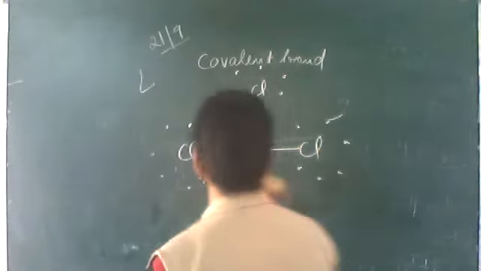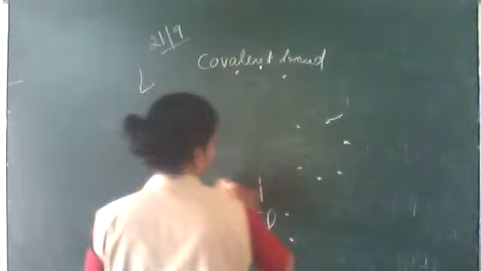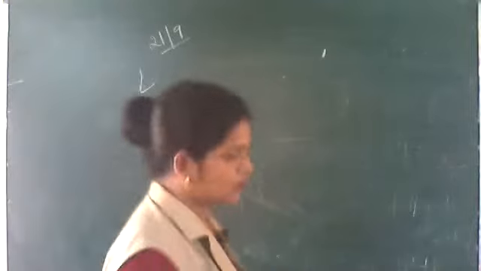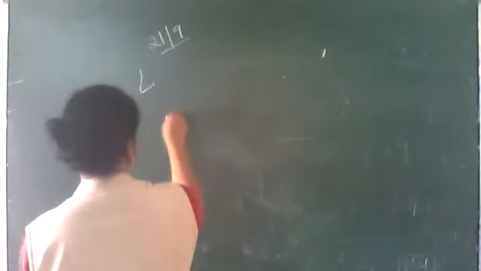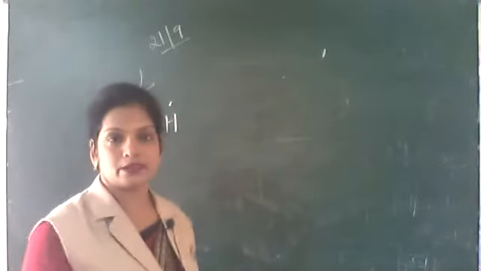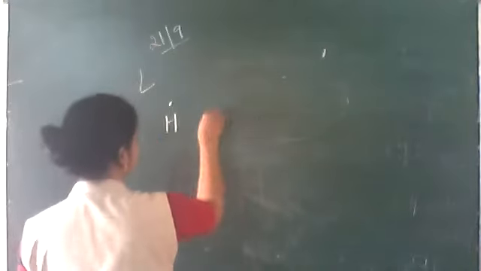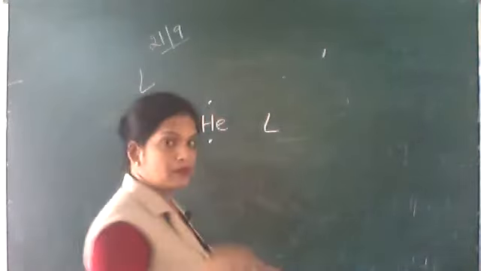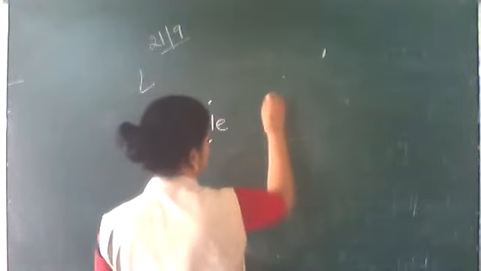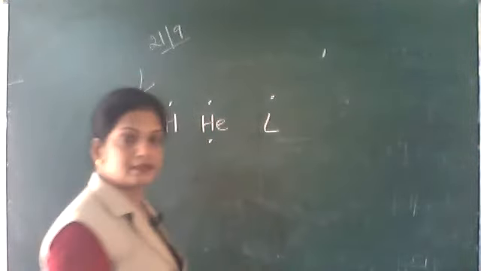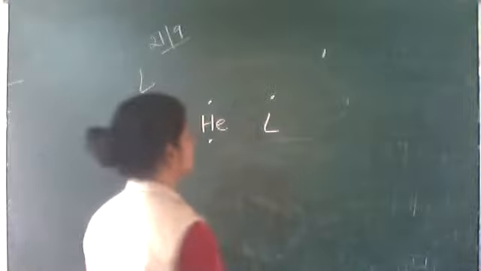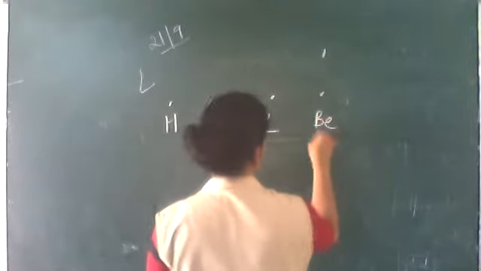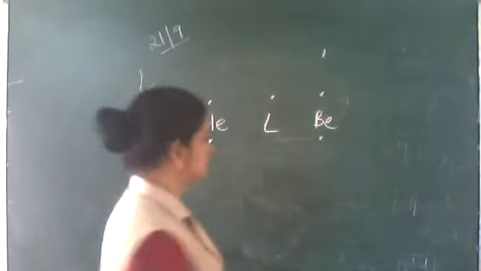Let's see the Lewis dot structure for the atoms. For hydrogen, we show 1, the last shell has 1 electron. Helium, 2. Lithium, last shell, only 1 electron. Beryllium, last shell, 2 electrons.